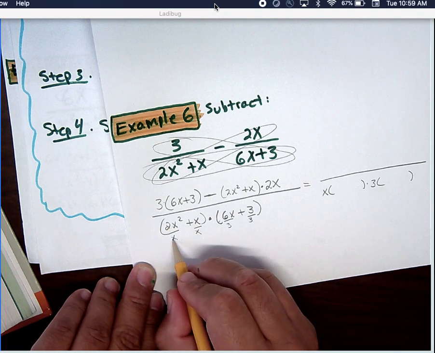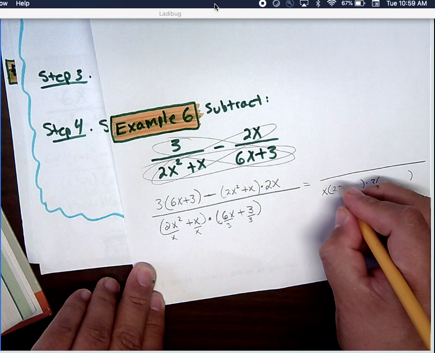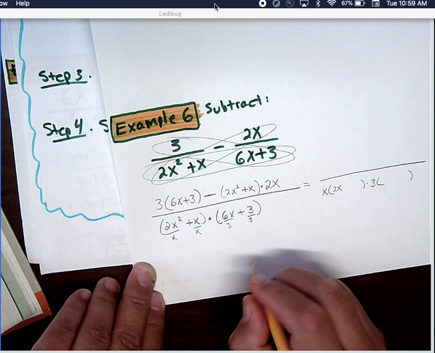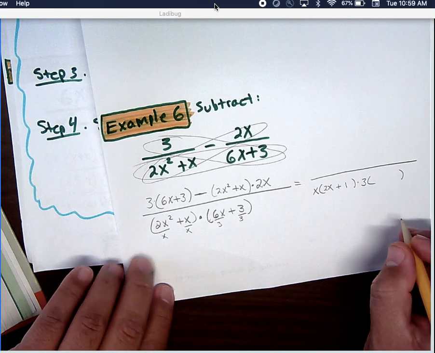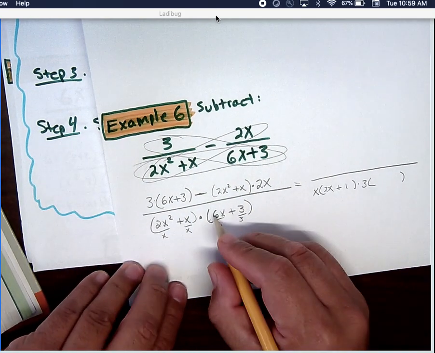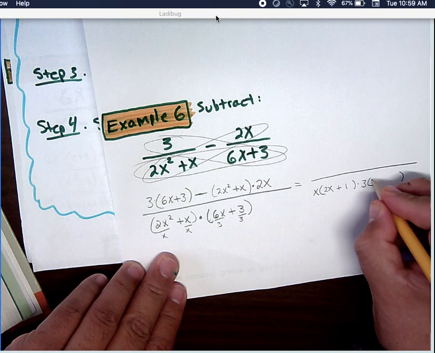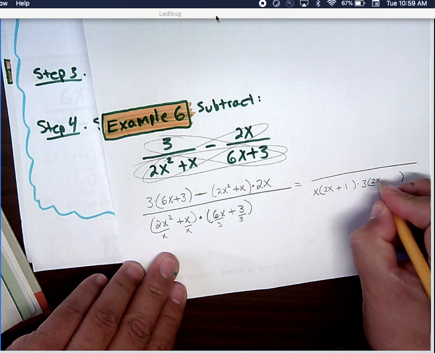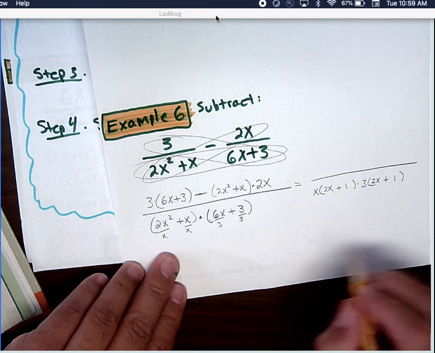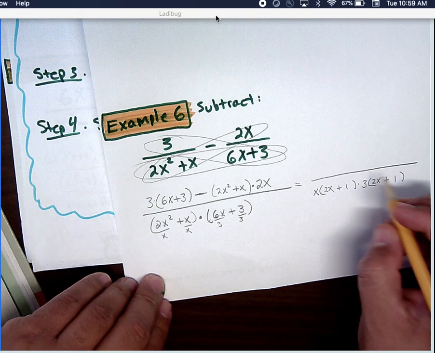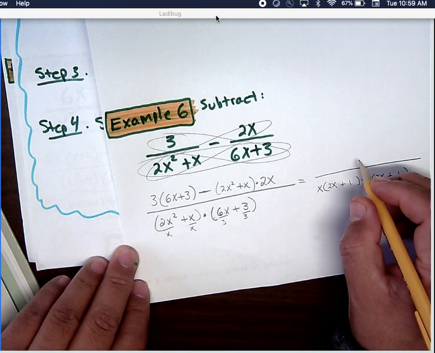So 2 over, there's nothing, so you're left with the 2, and then x squared over x becomes an x. And then x over x becomes a positive 1. And then this one, we have the 3 outside, GCF, and then 6 over 3 is just 2, and then the x. And then 3 over 3 is just plus 1. They look the same. They're actually the same.